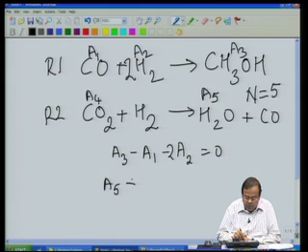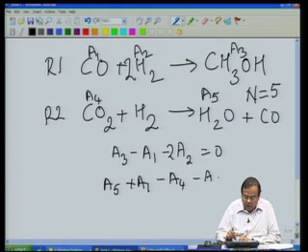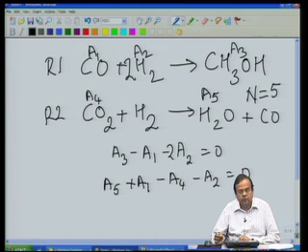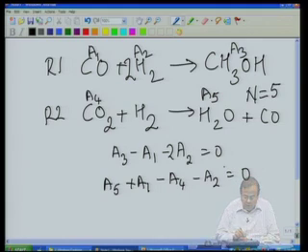So, A5 plus A1, bring the reactants on the other side, so minus A4 minus A2 equal to 0 as my second reaction. Now, what have we done? We have stoichiometric coefficients for all the species A1, A2, A3 for the first reaction, and stoichiometric coefficients for all the species in the second reaction.